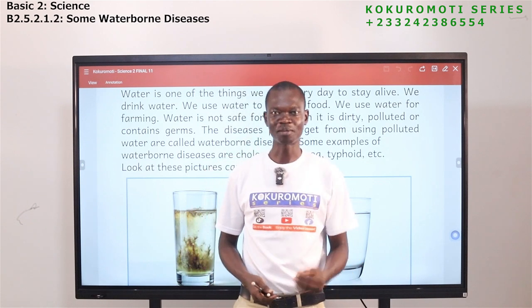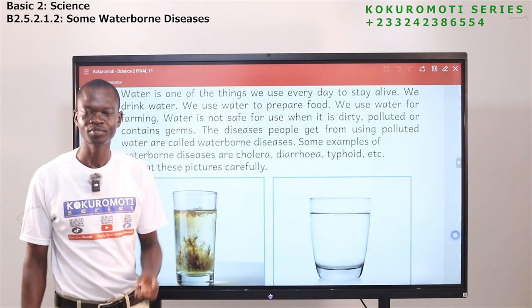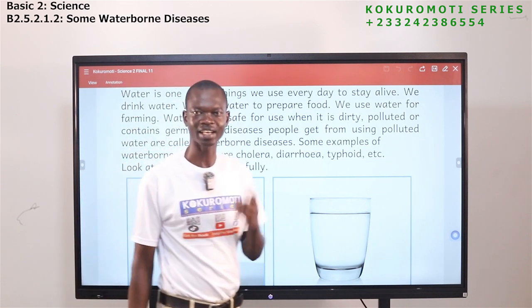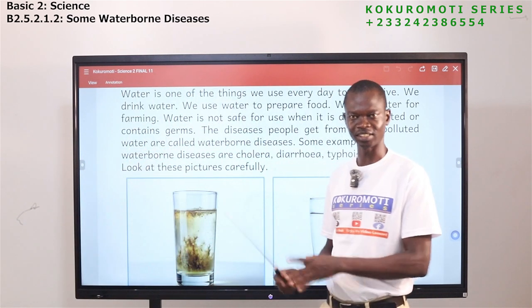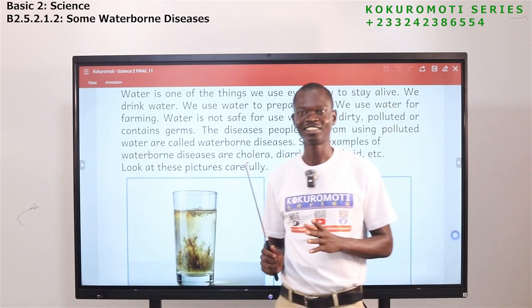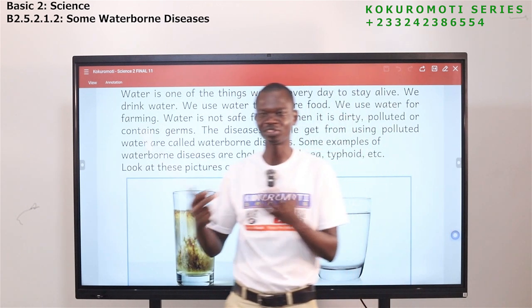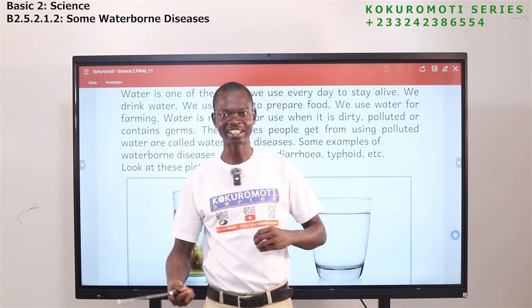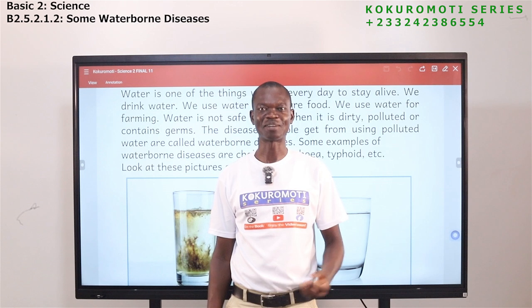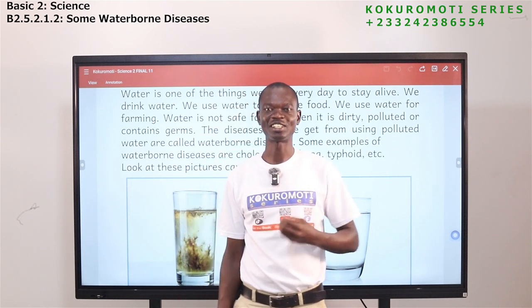Examples mentioned are diarrhea, cholera, and typhoid. So if you are asked what a waterborne disease is, you will be able to tell that they are diseases we get when we drink polluted, contaminated, dirty water, or water that contains germs.